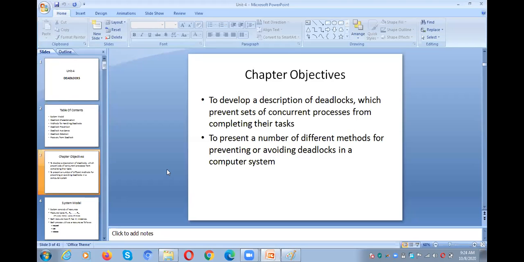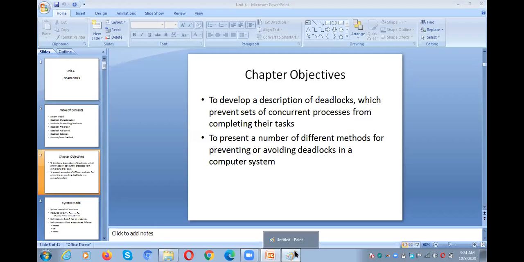For example, the P1 process requires some resources, so that process avails the resources, and the P2 process requires some resources, which are held by P2. So in some situations, some of the resources required by P1 were already allocated to P2, and some of the resources allocated to P1 are required by P2.